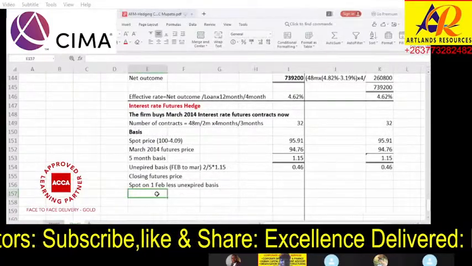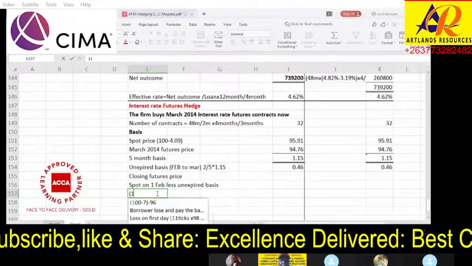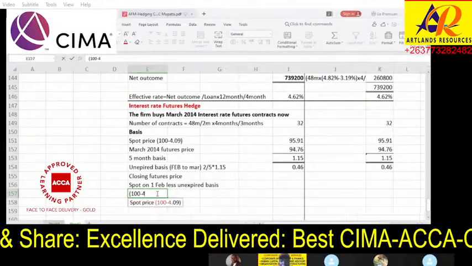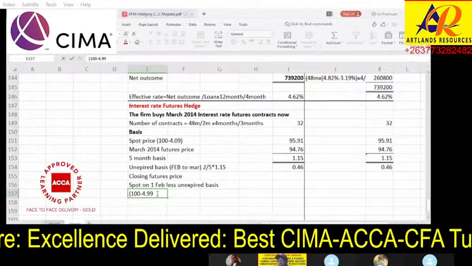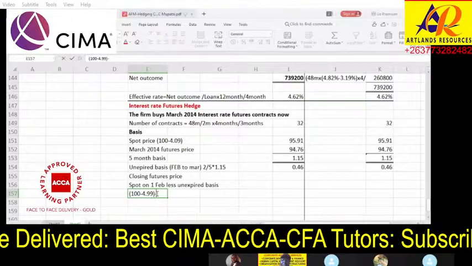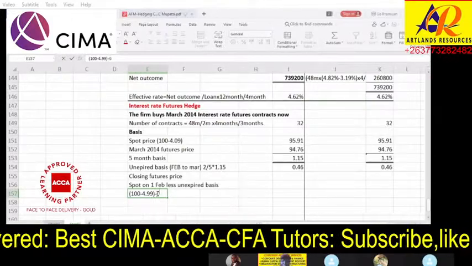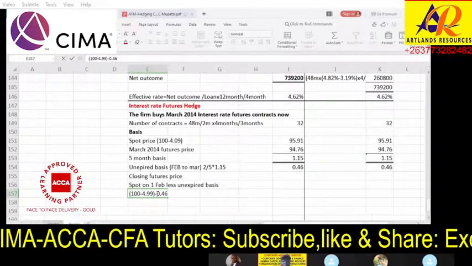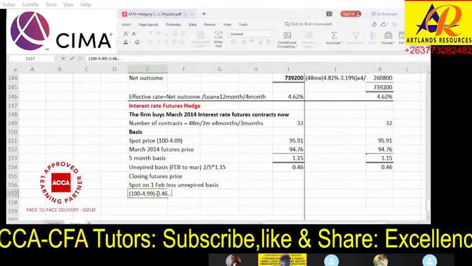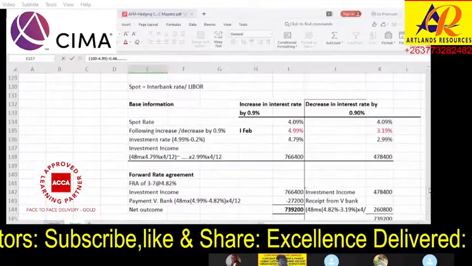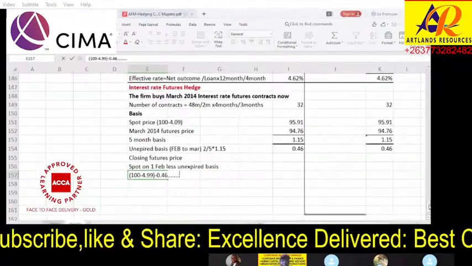So you write in discount basis notation, 100 minus 4.99. You just don't say 4.99. Remember, you are in futures markets. 100 minus 4.99 minus an expired basis, which is 0.46. That's how you calculate it. The other one, the spot is 3.19 on the other end.